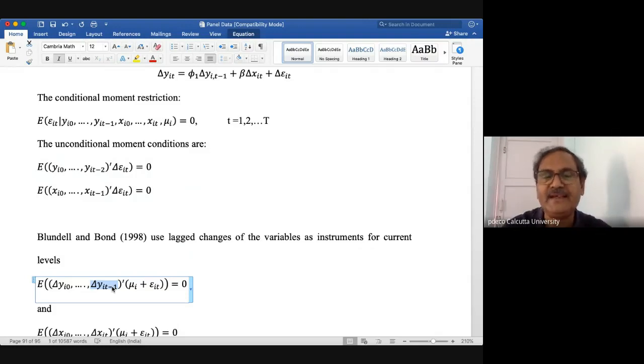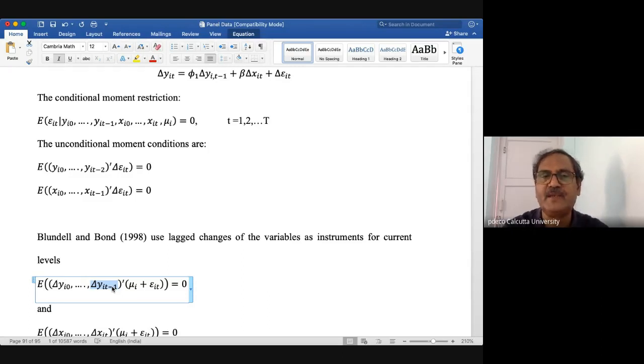To eliminate mu i, you have to take the first difference. After taking the first difference, you have a model which contains an endogeneity problem.